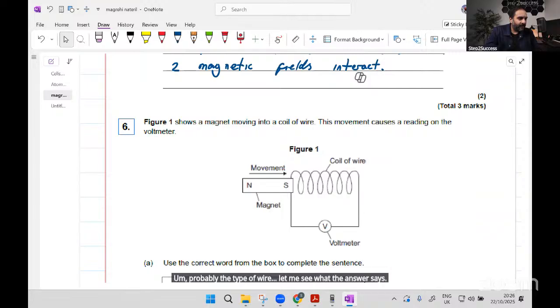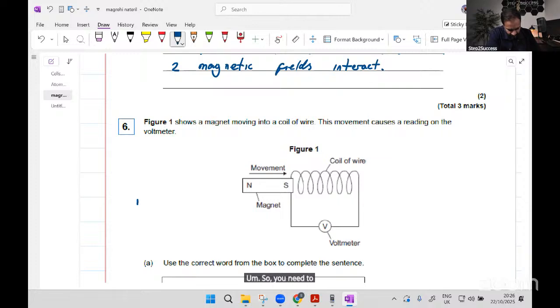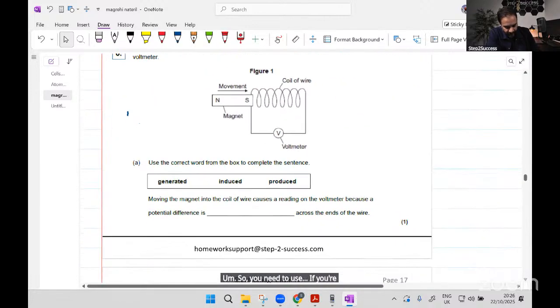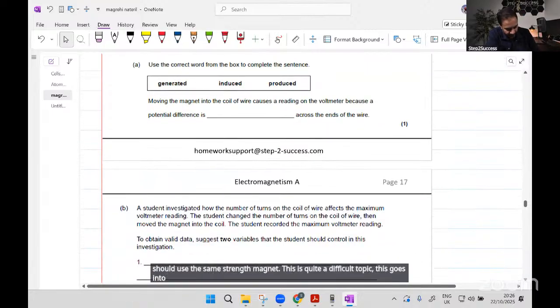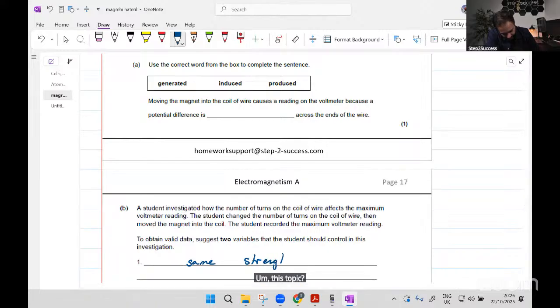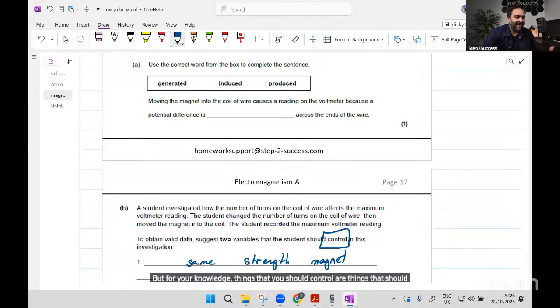So if you're going to do this experiment, then you should use the same strength magnet. This is quite a difficult topic. This goes into the next time we do this topic. But for your knowledge, things that you should control are things that should stay the same each time you do this experiment.